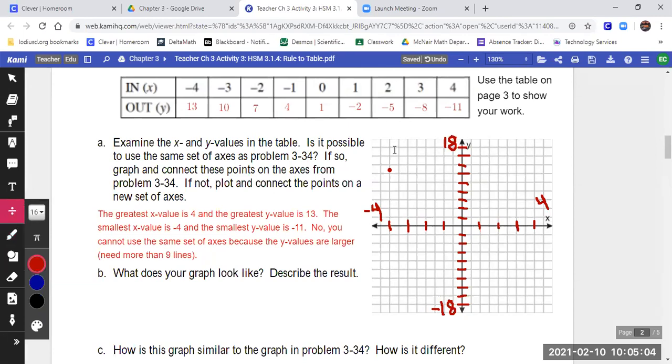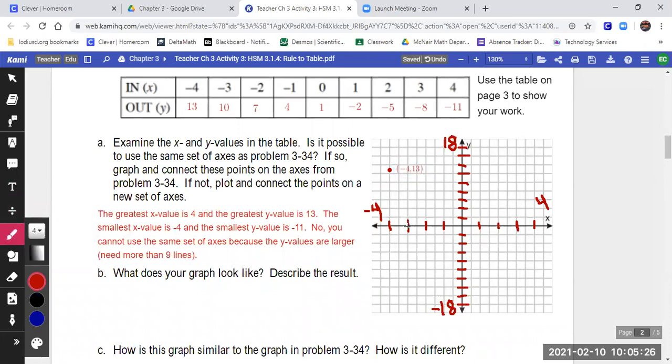So that's my -4, 13. So we're going to have to put them between lines because our lines are going with 2's and our numbers are not 2's. All right, what's our next one?